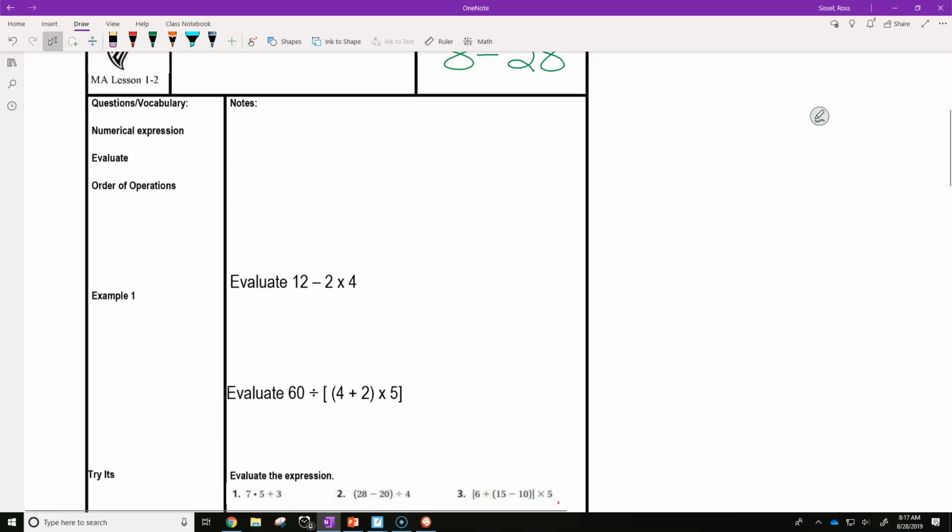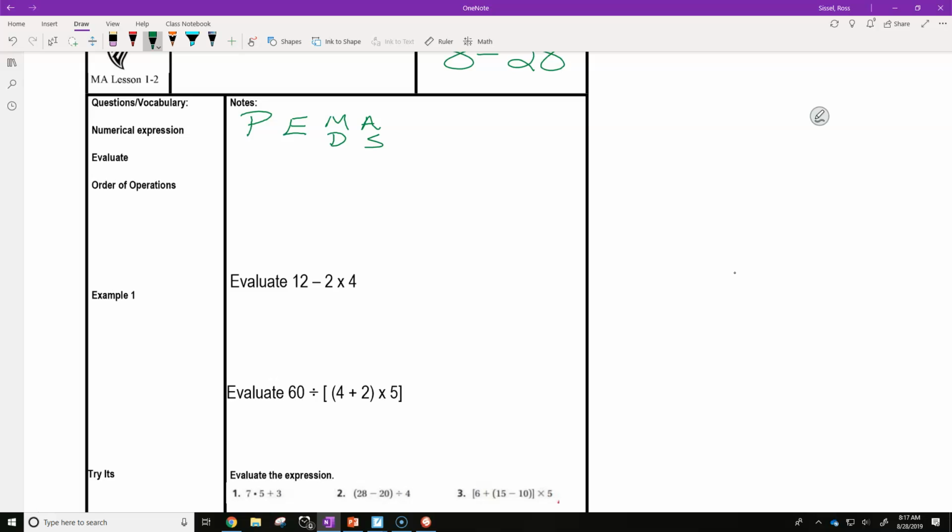The first thing I want to do is I'm going to go right in here and I'm going to write out two things. First thing I'm going to write down is PEMDAS.